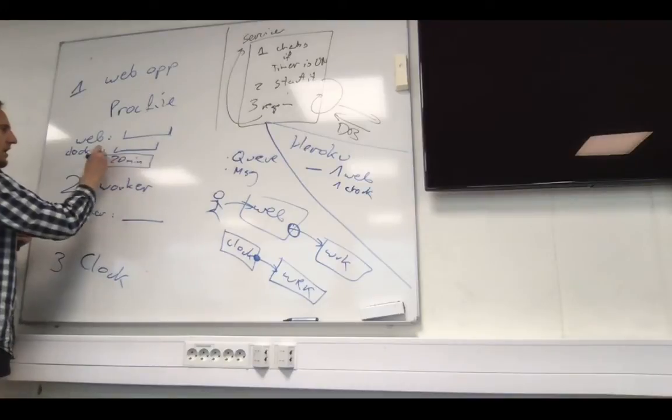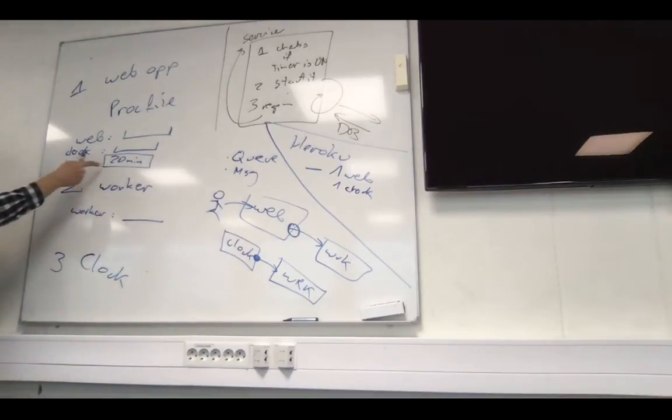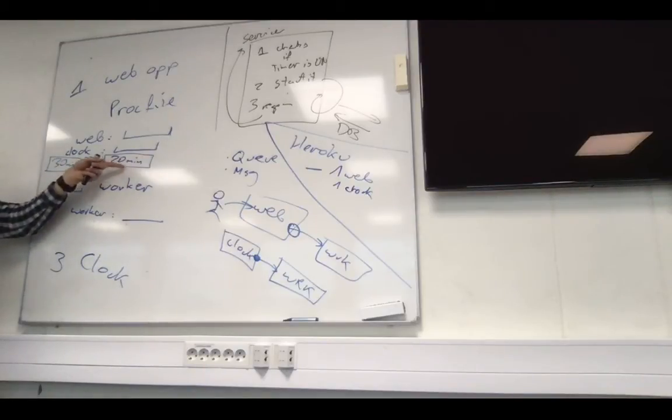I haven't tested it with something much larger than 30 minutes because I'm not sure if in the free tier they would kill me if I didn't do something for 30 minutes, right? So maybe the limit is that you have to do it every 20 minutes. But this definitely works because I've tried it out and I tested it and it works fine.